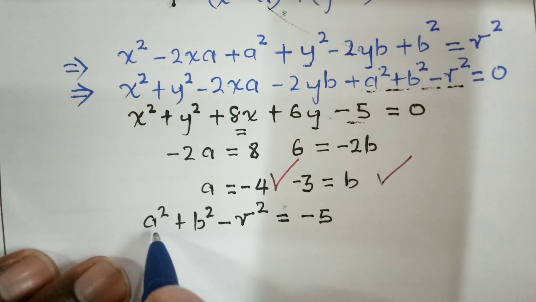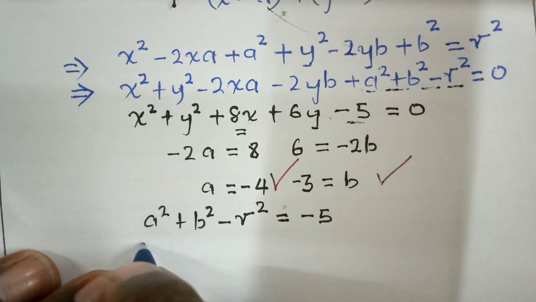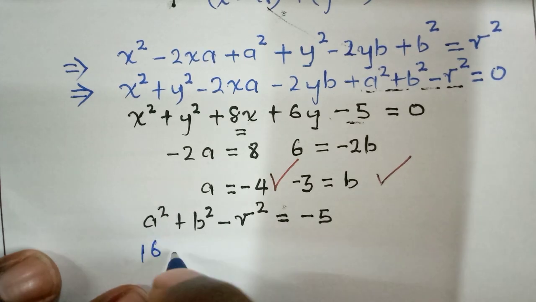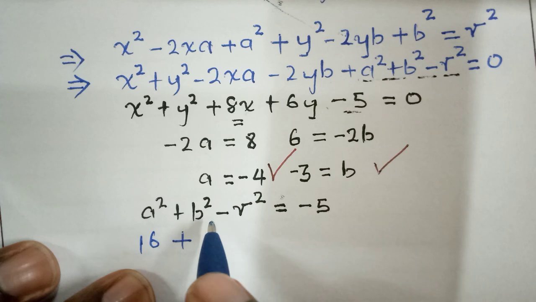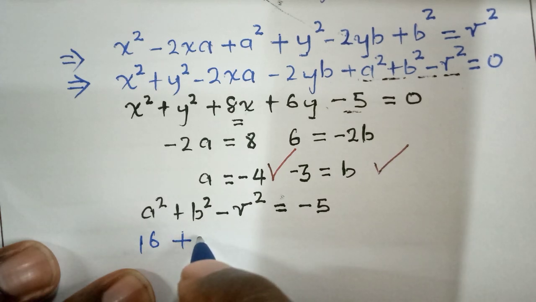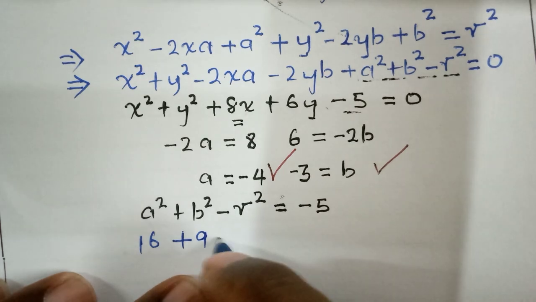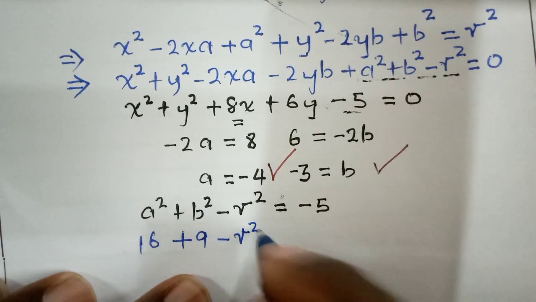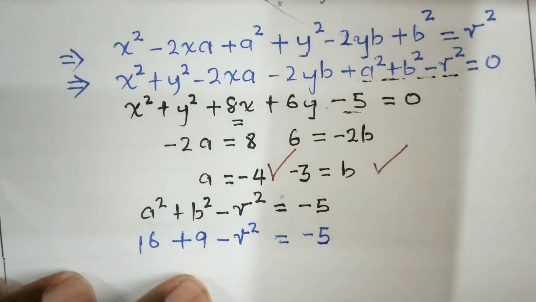Our a was negative 4, so it is 16, plus our b is negative 3, so it is 9, then minus r squared equals negative 5.